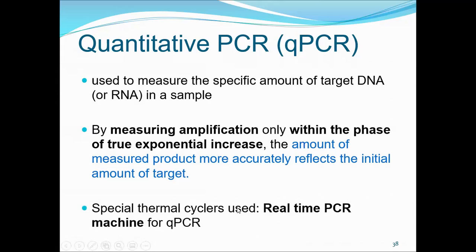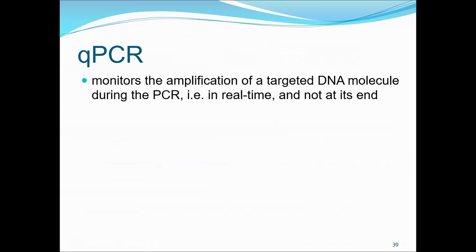And there are special thermocyclers used for the real-time PCR machine or for the qPCR. So the qPCR monitors the amplification of the target DNA during PCR in real time. That means when the amplification is going on, they will show you the online graph that it has started to amplify.